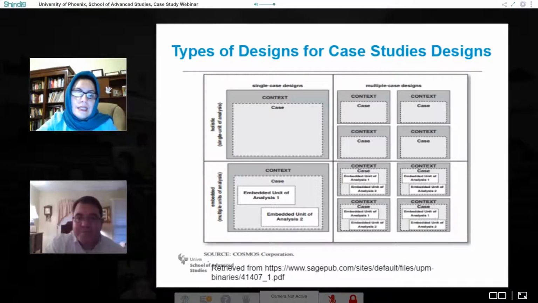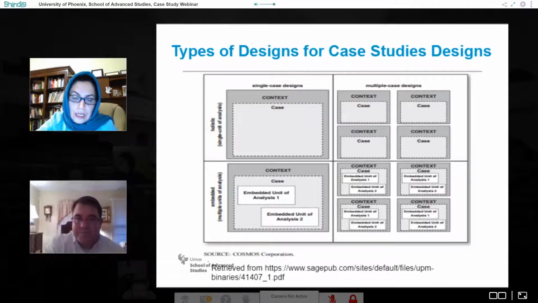And then here in the second model, you have, again, one organization. The case is a staff promotion policy. But in addition to staff promotion policy, you are interested in learning about a group of employees as well. So then you have 2 units of analysis.